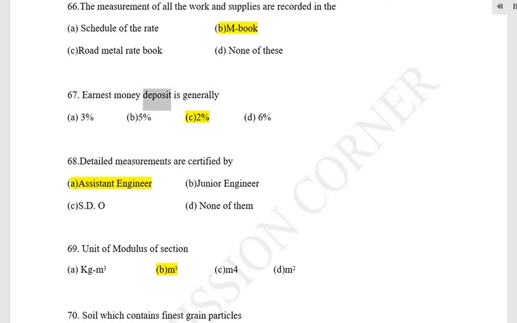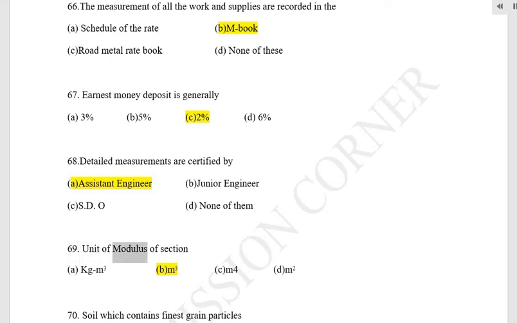Earnest money deposit is generally: A. 3%, B. 5%, C. 2%, D. 6%. 68. Detailed measurements are certified by: A. Assistant engineer, B. Junior engineer, C. SDO, D. None of them.